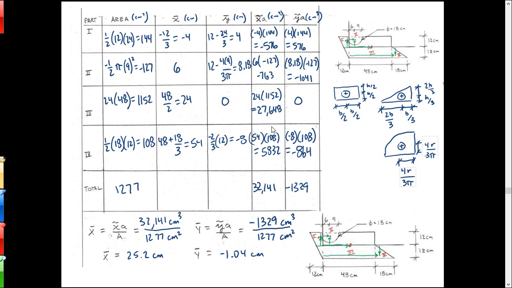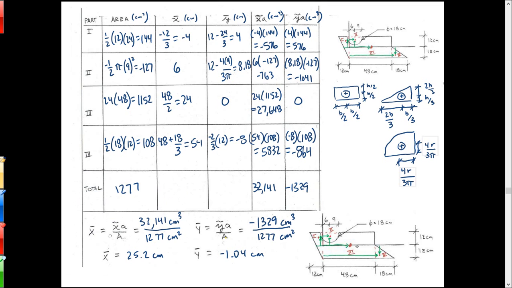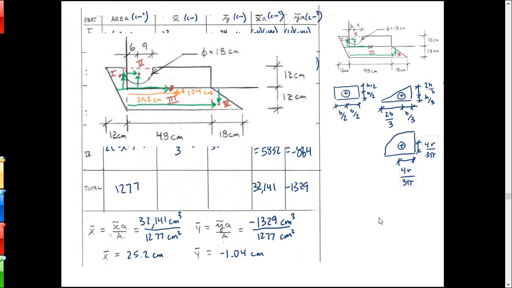And this one works out pretty well. We're at 25.2, and then we come down. So that'd be down about there, I guess. Okay, this seems reasonable. Seems like a reasonable balance point right there. Okay. All right, so that's the centroid. All right, we're good. You got any questions on that?